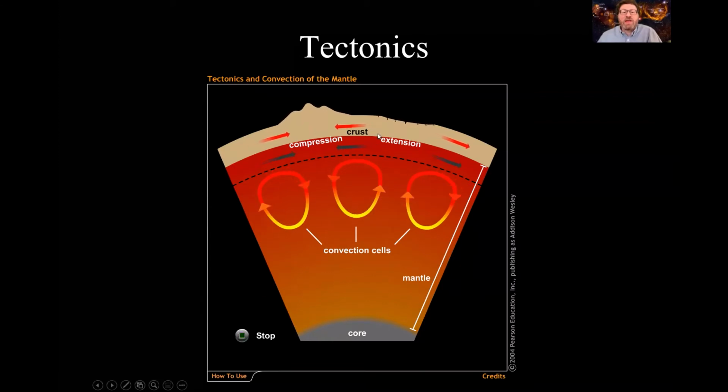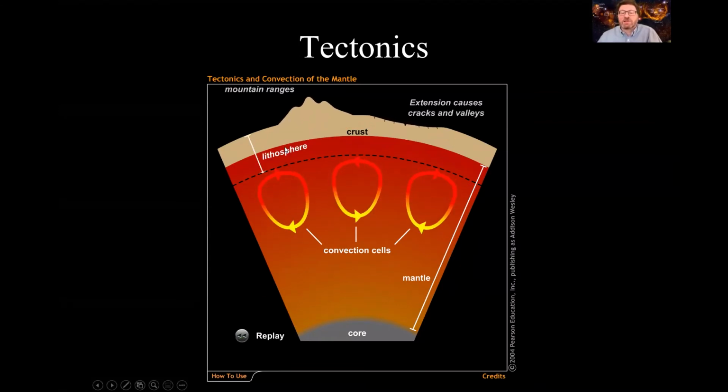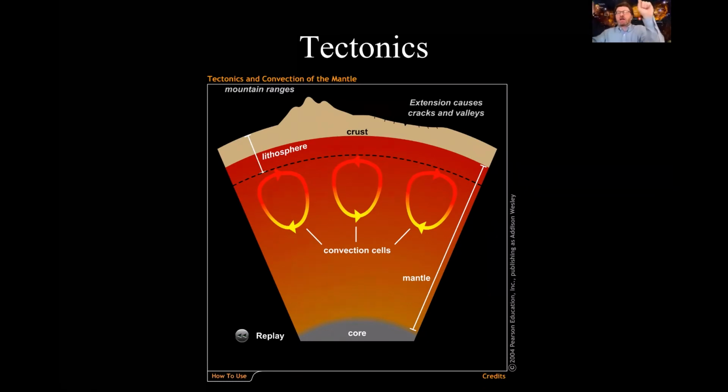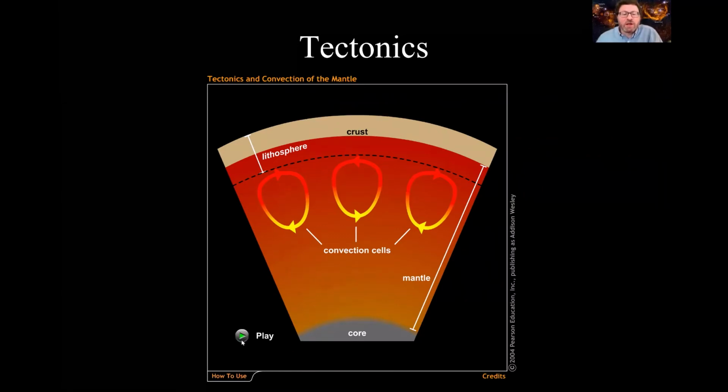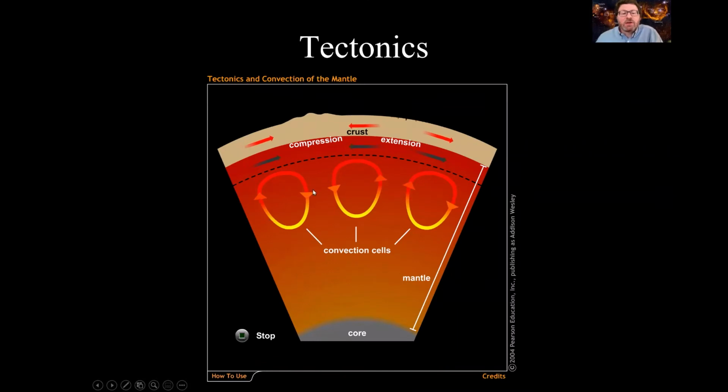Now, if you look at how that's going to affect the crust, or more generally, the lithosphere is the crust and the uppermost portion of the mantle that is really just perfectly rigid, where the rock is so solidified that the convective cells don't penetrate that region. And if you look at how the convective cells push on the lithosphere, including the crust, like look at these two cells.